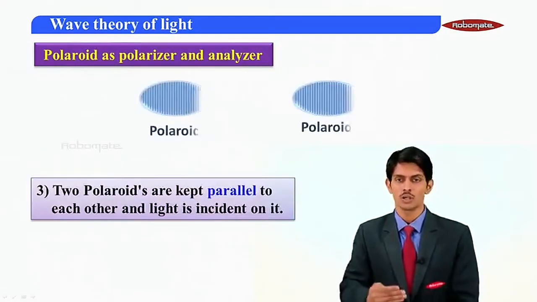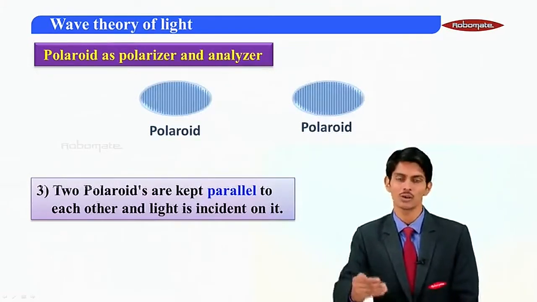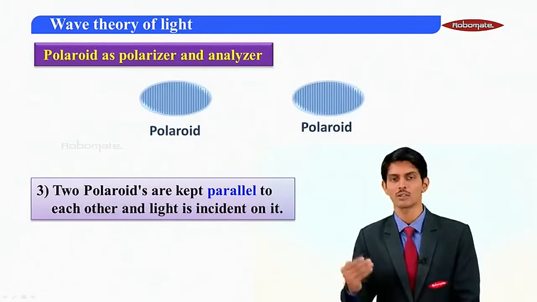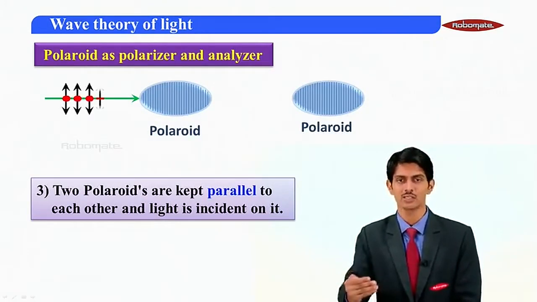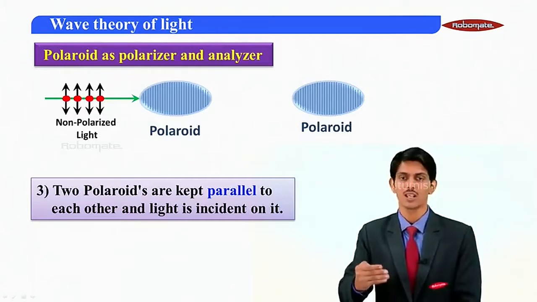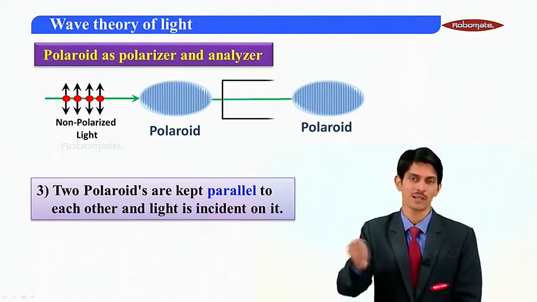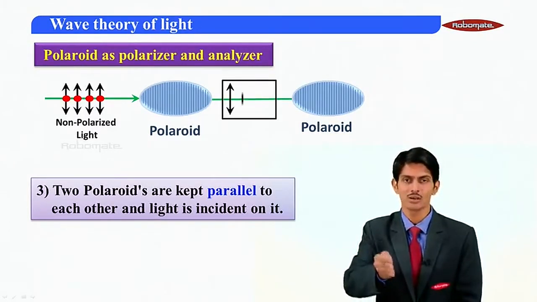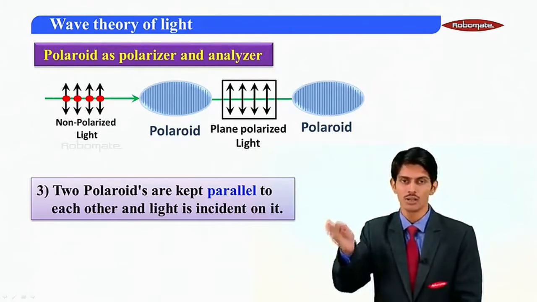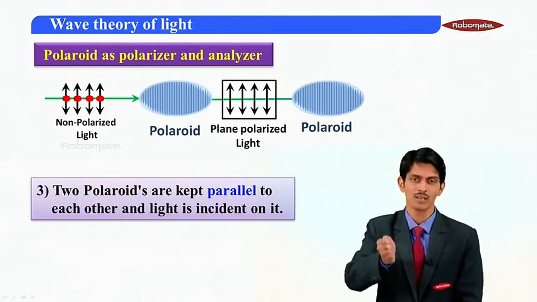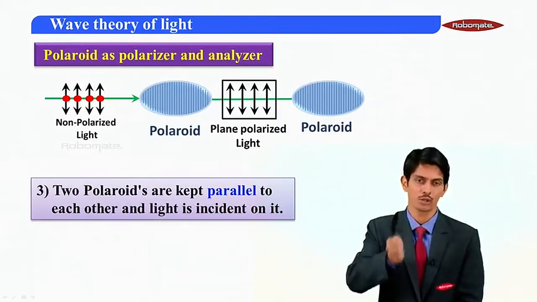Now, let us see what will happen when two Polaroids are kept parallel to each other and light is incident on them. When unpolarized light is incident on the first Polaroid, only the light whose vibrations are parallel to the axis of the Polaroid will pass. So only the light whose vibrations are in the vertical plane will pass through it, and we get plane polarized light.